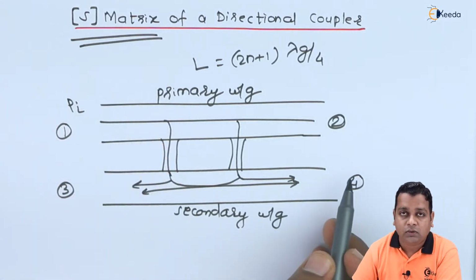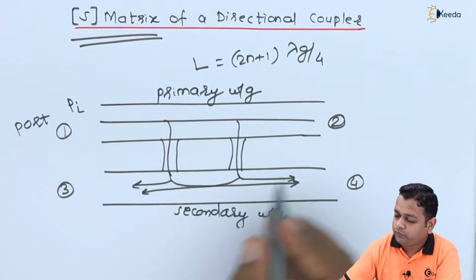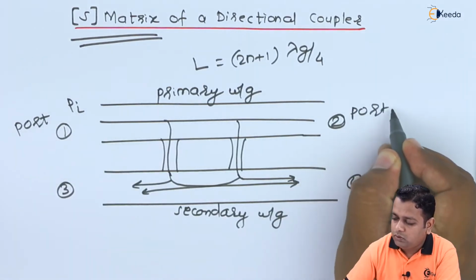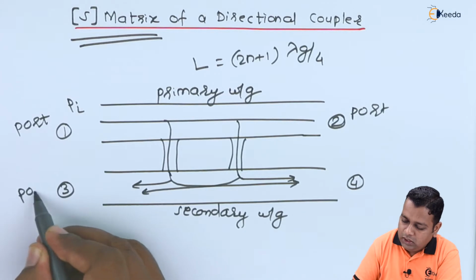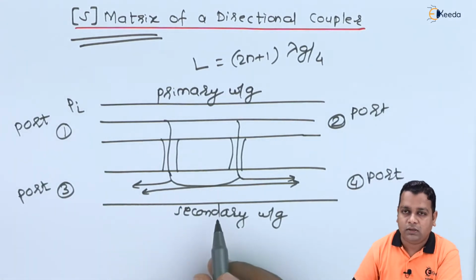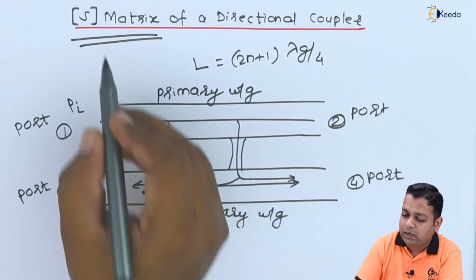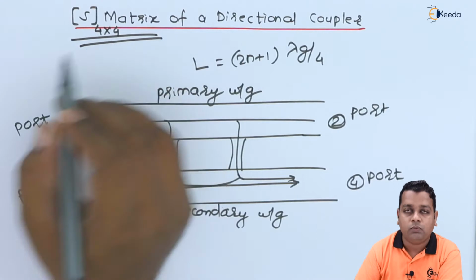In this diagram we have port number 1, port number 2, port number 3 and port number 4. So there are a total of 4 ports, and therefore the order of the scattering matrix will be 4 by 4.